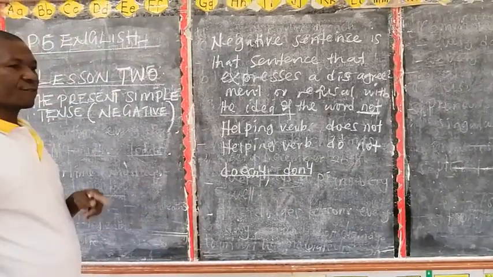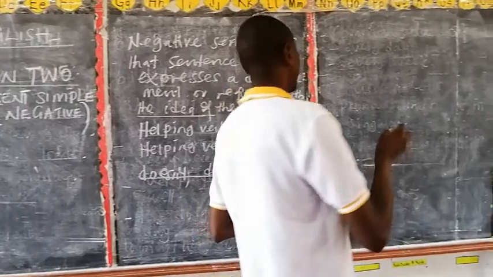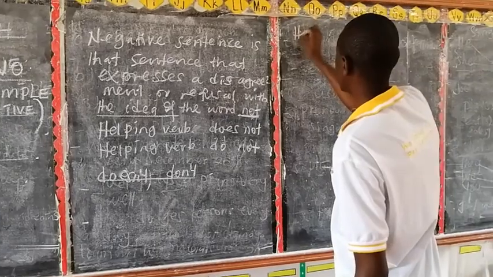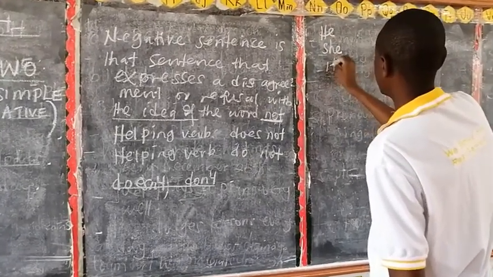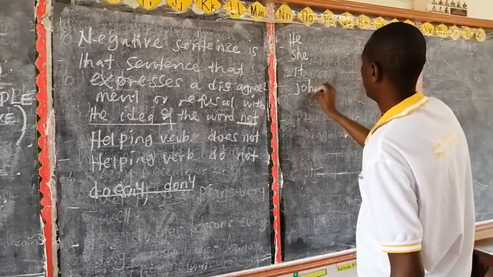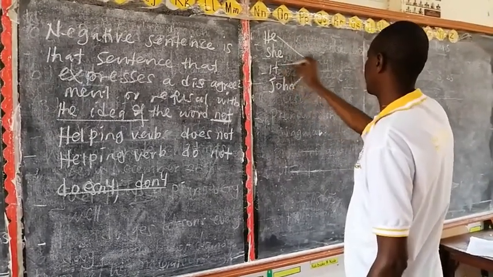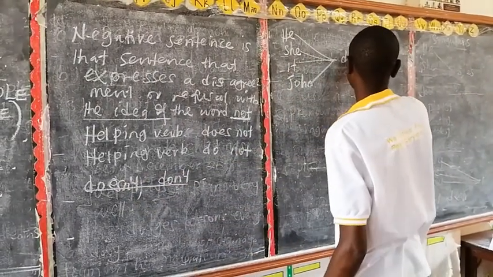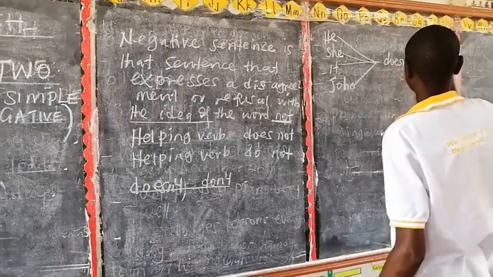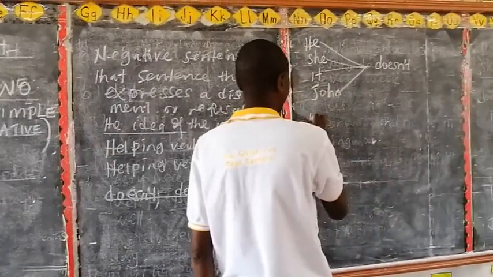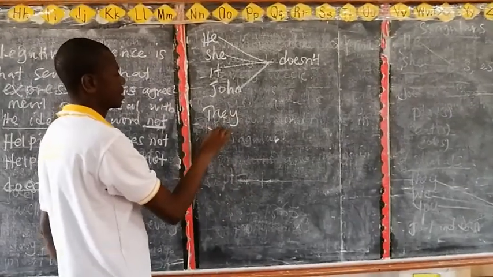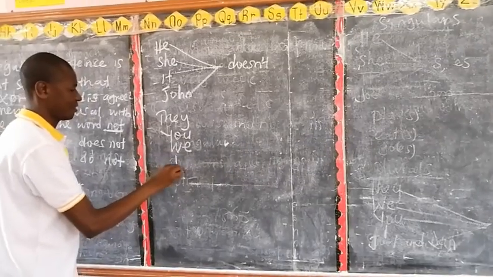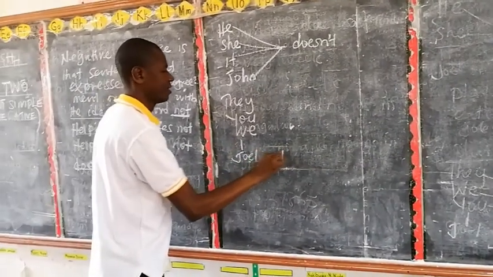Remember that in our first lesson, we said that when we are referring to singular nouns and pronouns, for example, he, she, it, John, we are supposed to use doesn't. Then the plurals, like they, you, we, I. Then this one will be Joel and Sam.